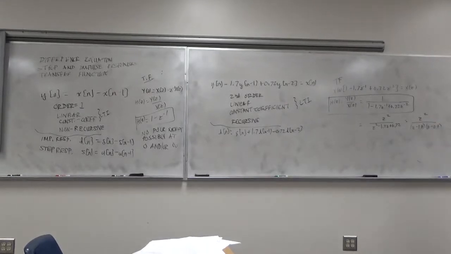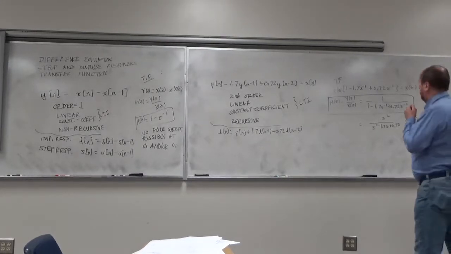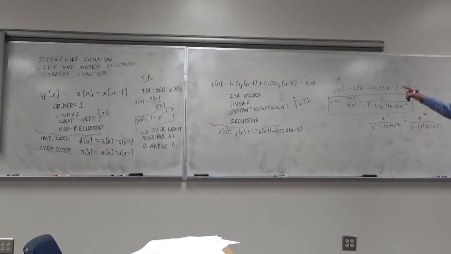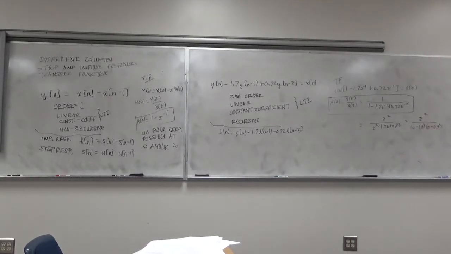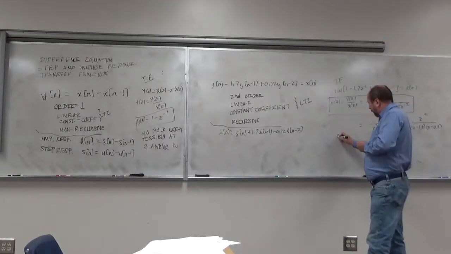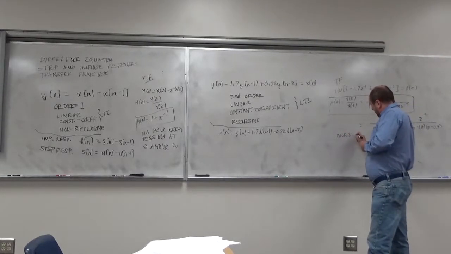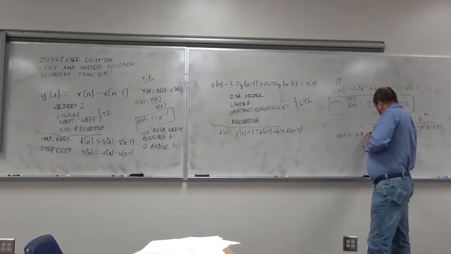Okay, so I was hoping, that's what I had in mind from the beginning, given those coefficients in that difference equation. Okay, so now we've got a transfer function. It has poles. This system has poles at 0.8 and 0.9.